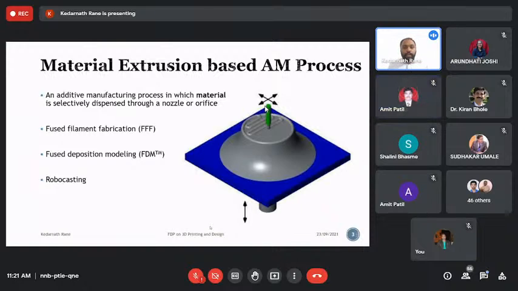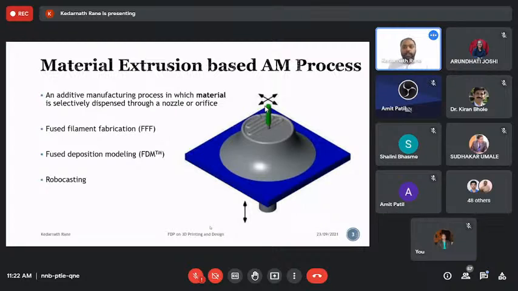There are some commercial names available for this kind of machine. For example, a few machine providers call it fused filament fabrication, FFF. Then you can also learn from many commercial websites that it is called fused deposition modeling or FDM. Stratasys patented this technology long back, and now it is open for everyone to use. But previously it was only used for polymers.